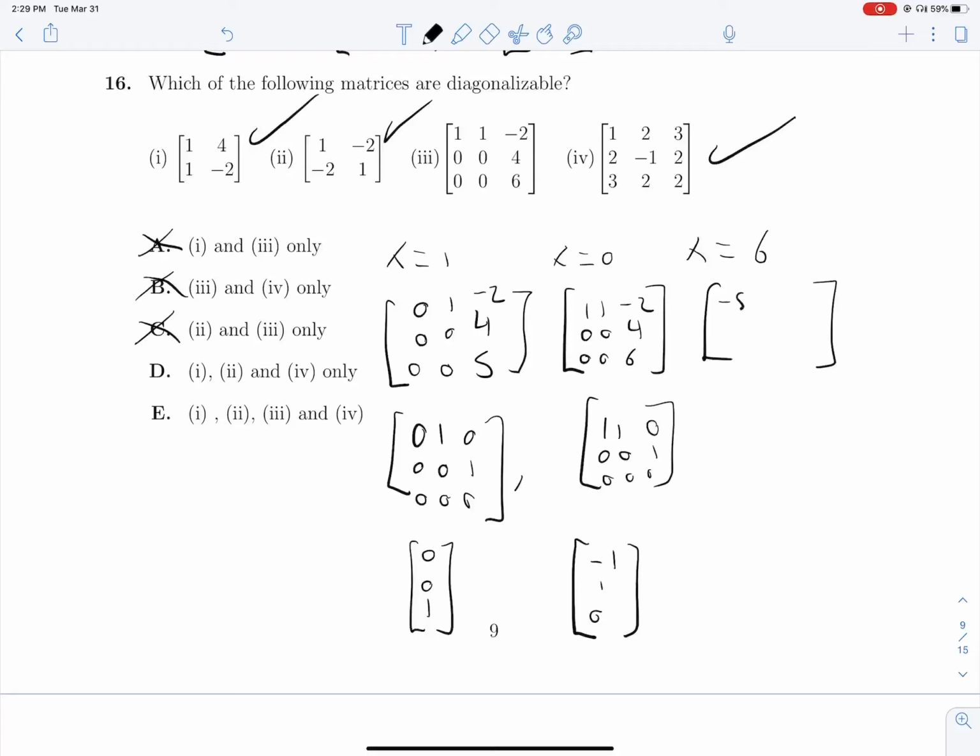negative 5, 1, negative 2, 0, negative 6, 4, 0, 0, 0. And when we simplify this down, let's see, negative 5, 1, negative 2, 0, 3, negative 2, 0, 0, 0. Let's divide this by 3, 6 over 3, and subtract row 2 from row 1.